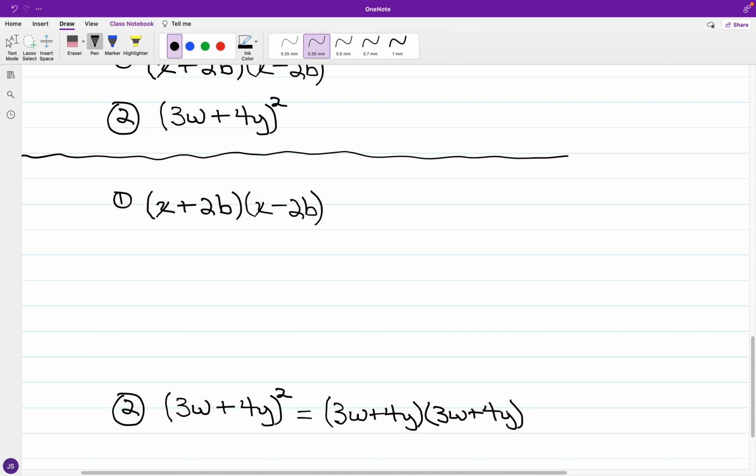Okay, and regardless of whether you take the regular or the geometric FOIL approach, your output is still going to be the same. So for the first item, x plus 2b times the quantity of x minus 2b, we'll go with the regular FOIL on this one. So we're looking at x times x.